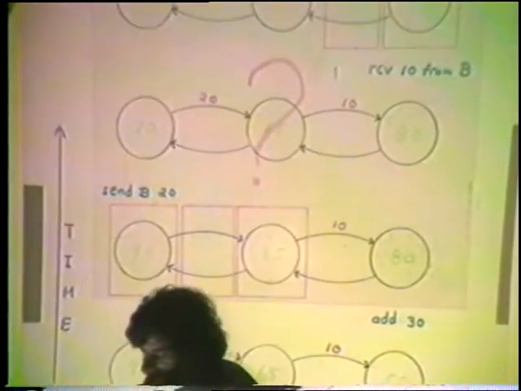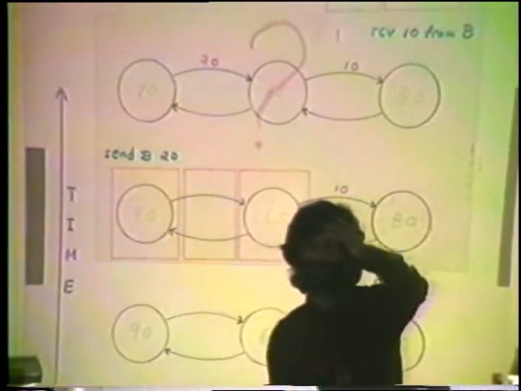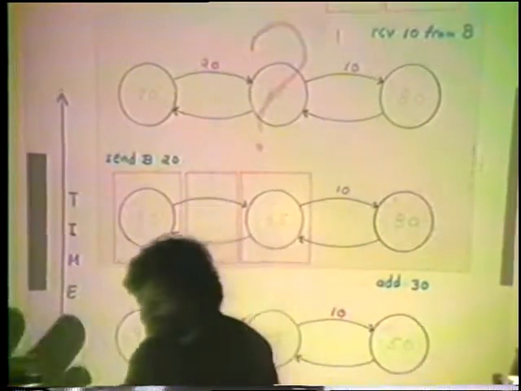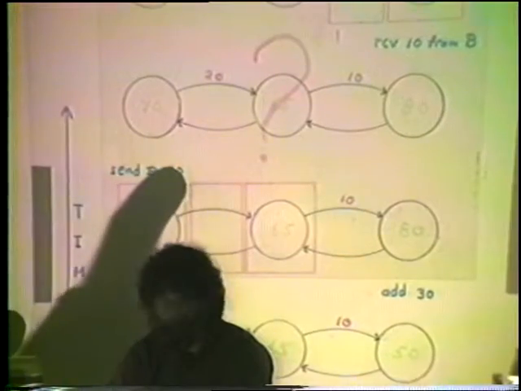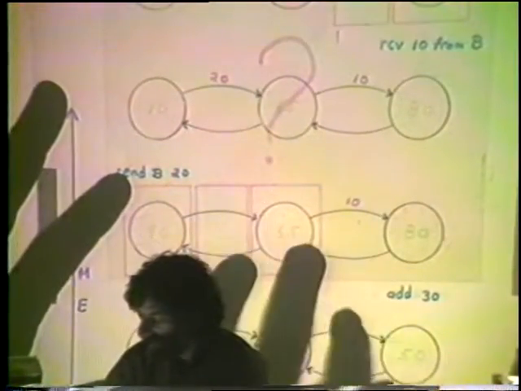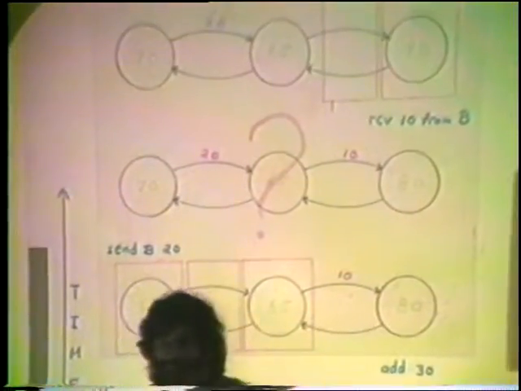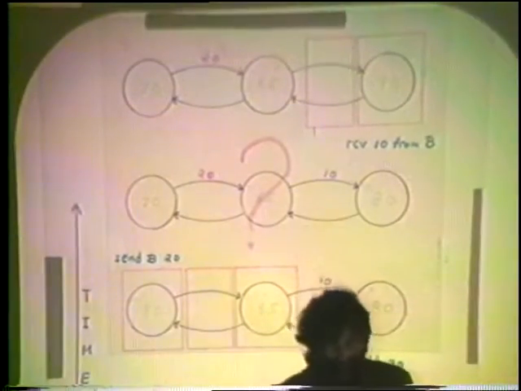Well, how about this one? At first glance, it looks even worse than the last one because we've got 2 events that happened between when these 3 snapshots were taken and when these 2 were taken. But let's look at this a little bit closer.